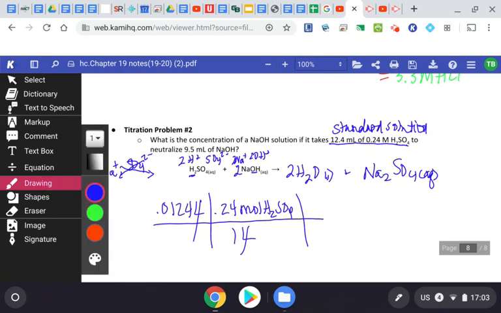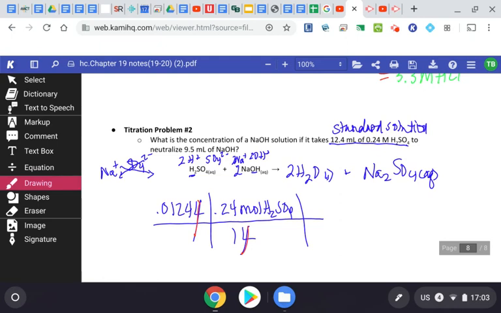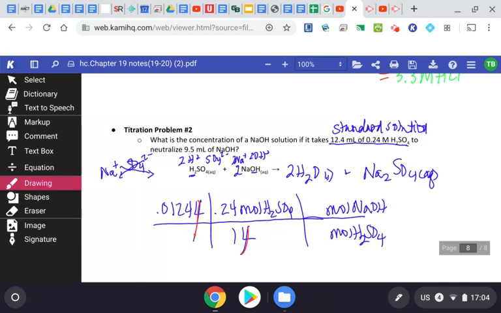Now we're in moles. Those will cancel. Now we're in moles of H2SO4, so that's going to go on the bottom here. We need to find the moles of our unknown, which is sodium hydroxide. So moles of sodium hydroxide are going to go up there. Now to convert from moles of sulfuric acid to moles of sodium hydroxide, we're going to look at coefficients.